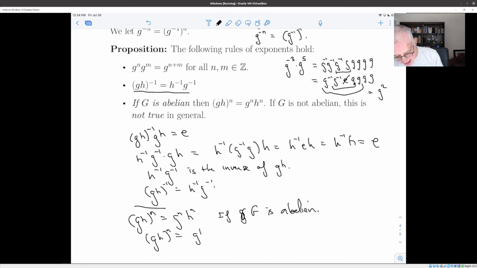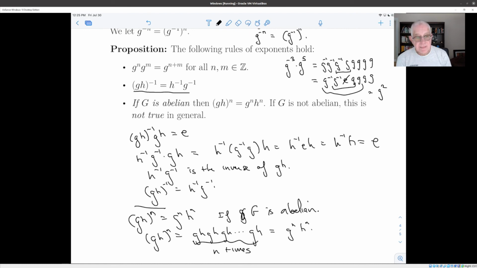It's GH, GH, GH, GH, n times. If the group is abelian, the order of multiplication doesn't matter. We can pull all the G's to the beginning and all the H's to the end, and therefore we would get G to the n, H to the n. But if it is not abelian, you can't do that. You can't move the G's past the H's.